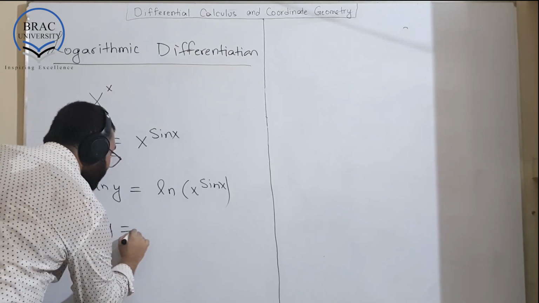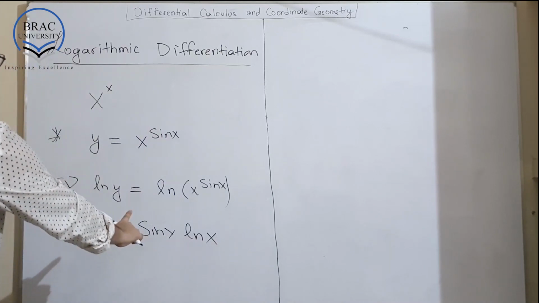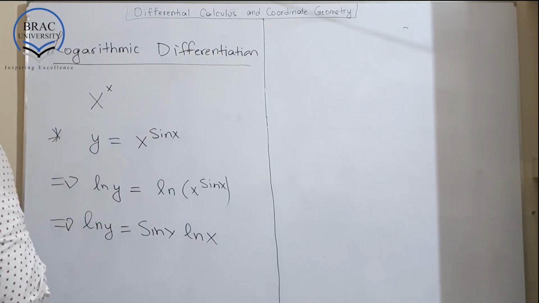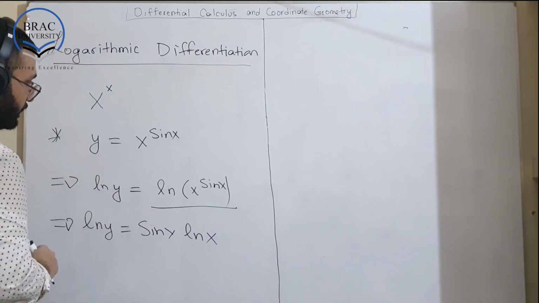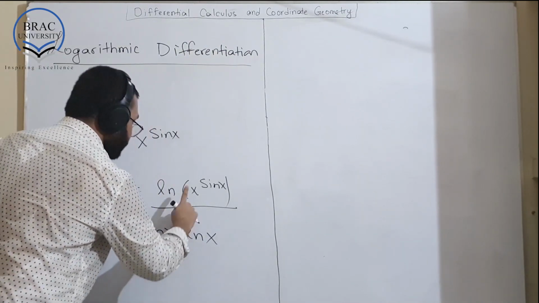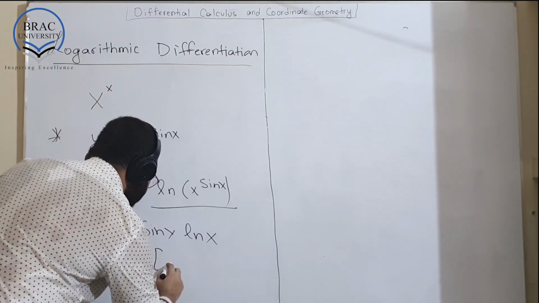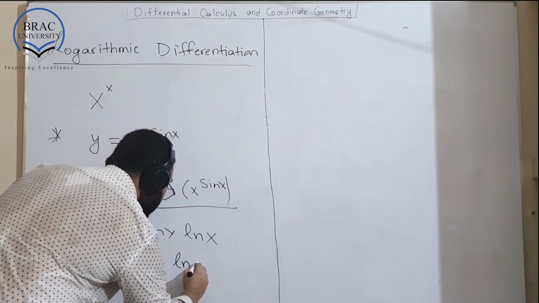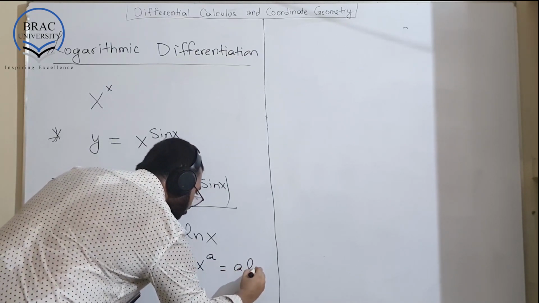This is the main reason why we use the logarithmic differentiation technique. This is a very popular formula in logarithmic differentiation, that the log of x to anything brings the power down in front.